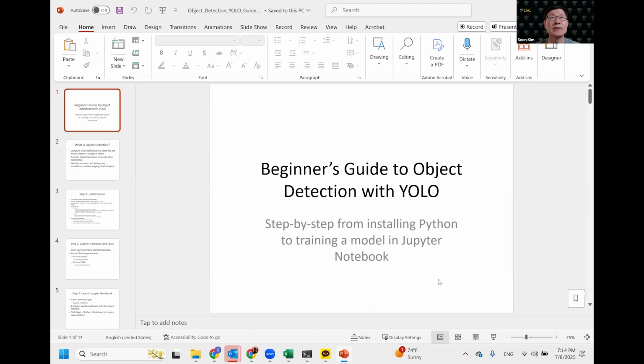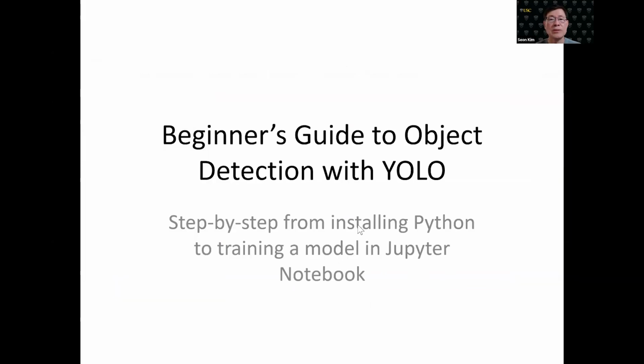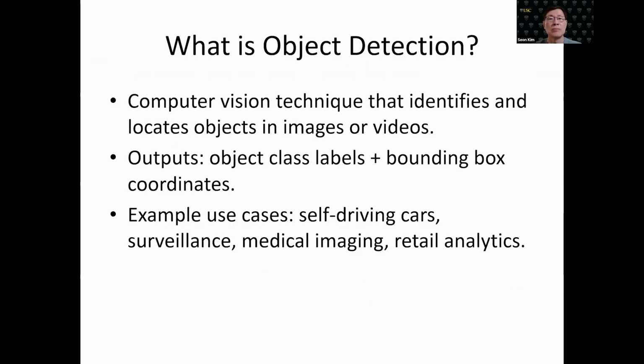So let's see. Can you see this slide? Okay. So this is absolutely the beginner's guide. The purpose is that I just want to check each step. So basically this is object detection, and I think everybody knows this at least now.